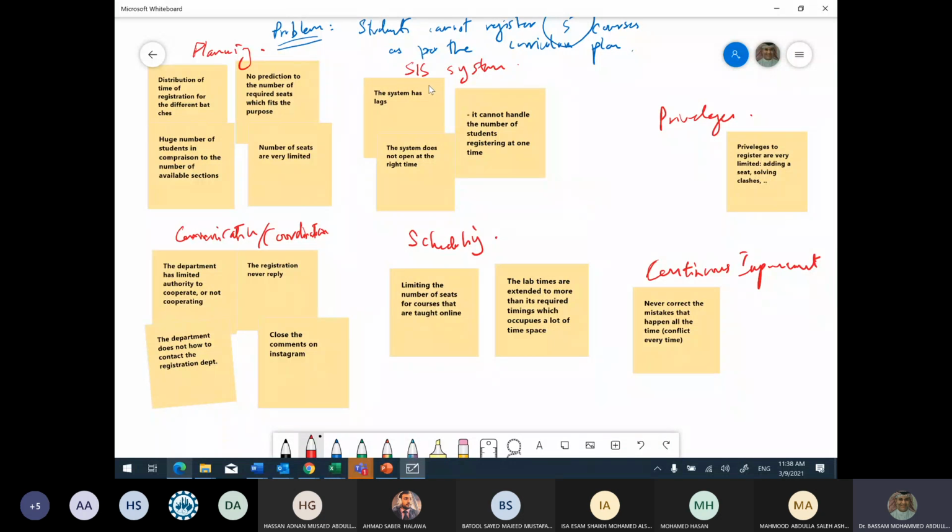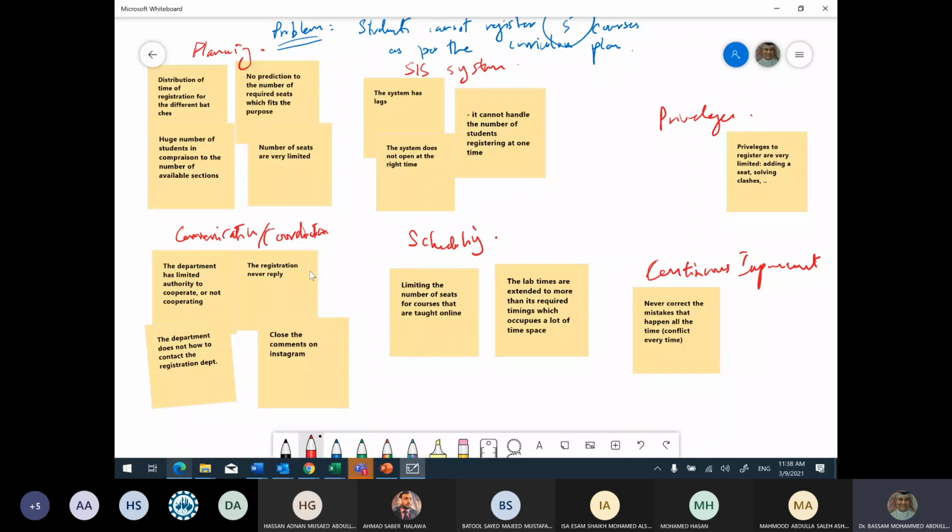So, alhamdulillah, things are going good sometimes, but things go bad if you don't continue your project. One of the projects we tried was to solve this whole system: to fix, number one, planning, number two, coordination and communication, and number three, the privileges.